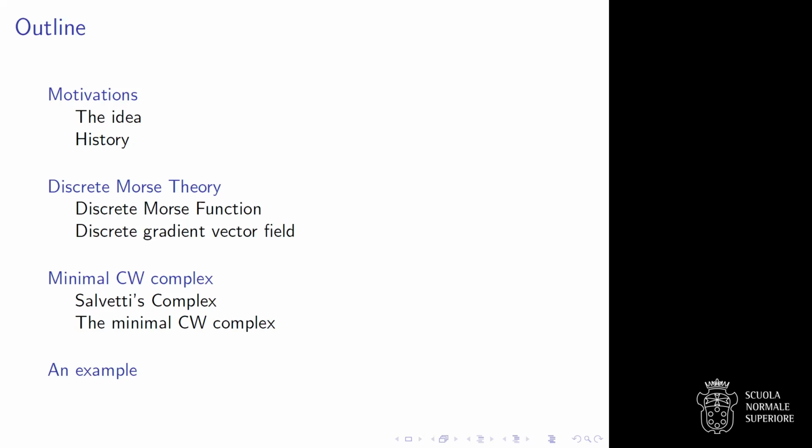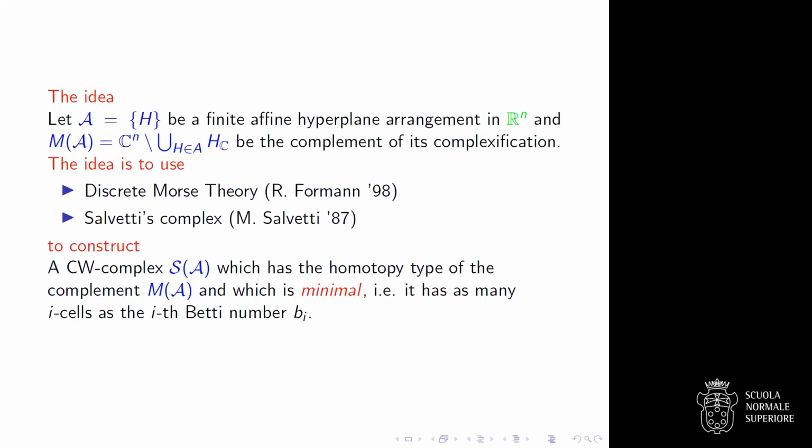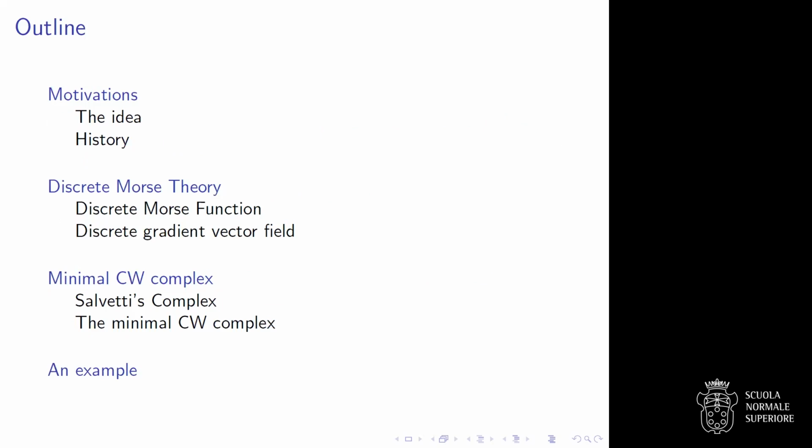And then I will tell you about the minimal CW complex. This minimal CW complex has been built starting from a given CW complex that was the Salvetti complex. Maybe some of you already know it, but I will provide an example.